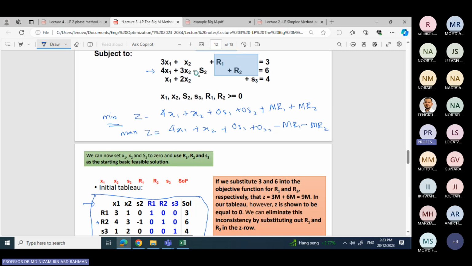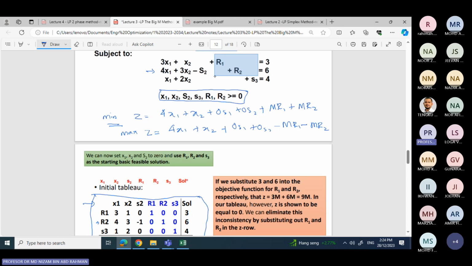So I think I explained this earlier. The reason being, if we put S2 as a basic variable in here, then if we set x1, x2, and R2 equal to 0, then minus S2 equals 6, so S2 equals minus 6. So it will not obey this requirement, right?